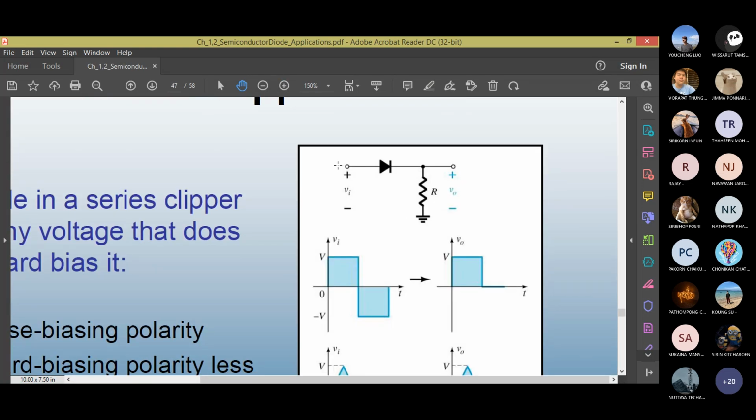See this circuit. Input voltage VI, diode, and across resistor R you have V out. This is the ground. Input voltage here is a square wave. Positive peak is a value of V volts. Negative peak is negative V. They are both symmetrical, same value. During the positive half cycle, is the diode on or off?